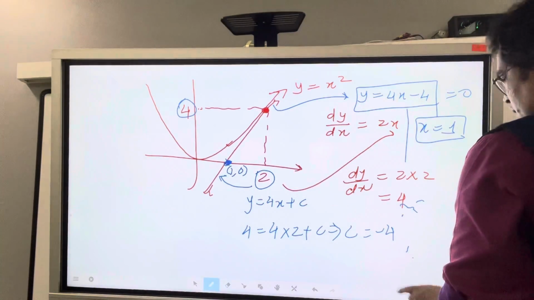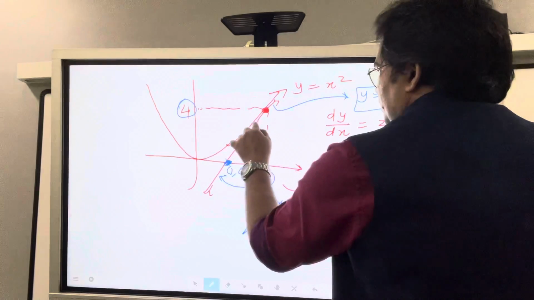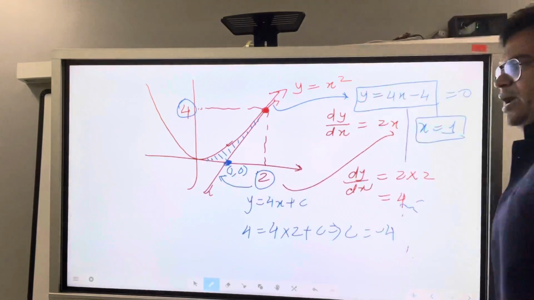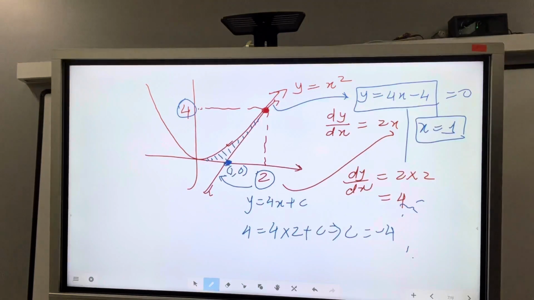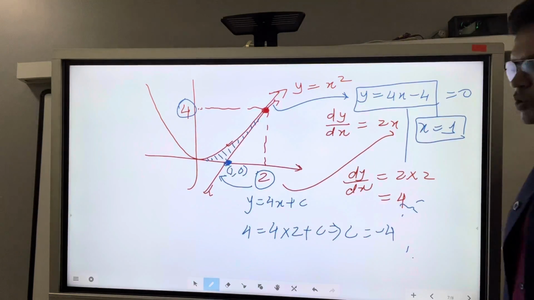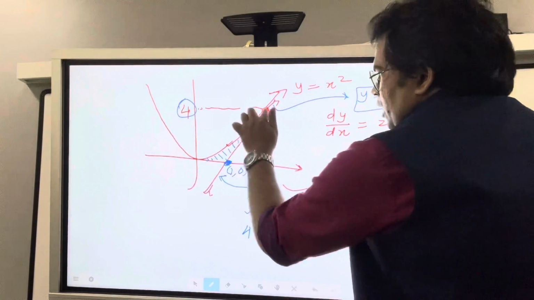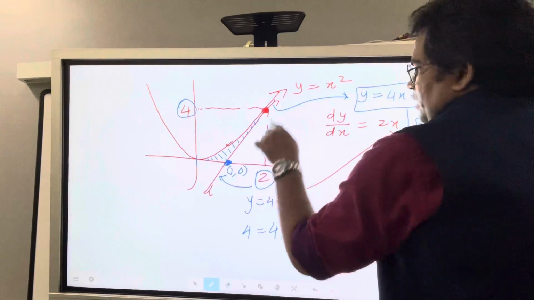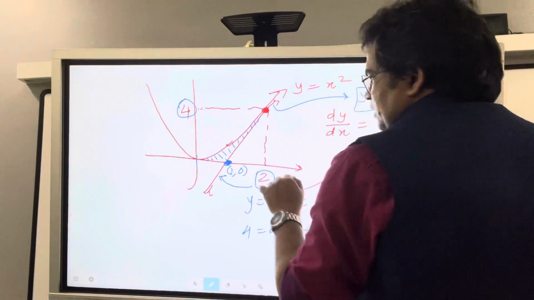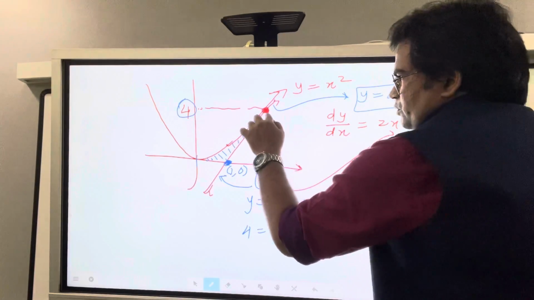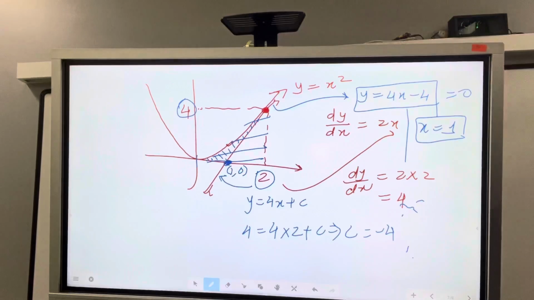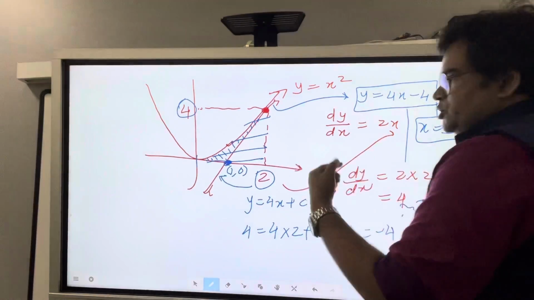Next part is, how do I calculate this area now? So let's say they'll ask us, find out the area bounded by this curve and the line. Now how can I calculate that? If I calculate the area between the curve and the line x equals 2, let's say I take this entire area first, the area under the curve between 0 and 2.